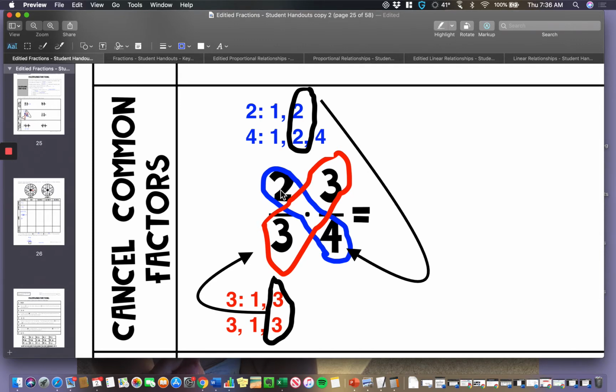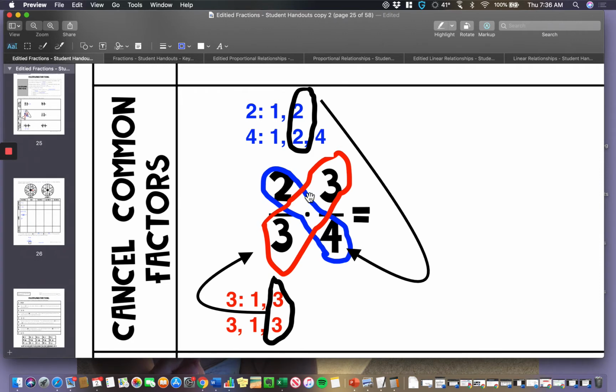So the numerator from my first fraction and the denominator from my second fraction, I'm going to list the factors of each of those numbers and find the greatest common factor. Factors for 2 are 1 and 2. It's a prime number, so it is 1 and itself, 2. And we have 4. The factors are 1, 2, and 4. And our greatest common factor between 2 and 4 is 2.